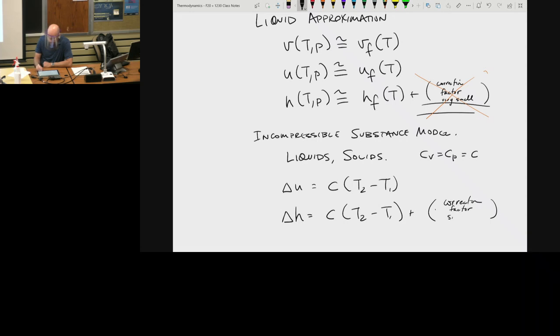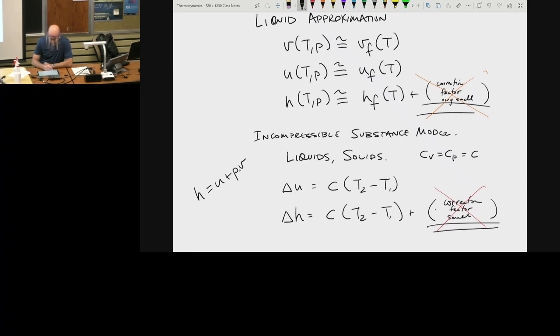But this again is small. And I underlined it on your equation sheet, and right now we just don't have to worry about that. So basically, for our incompressible substance, the change in internal energy is the same as our change in enthalpy. And that should make some sense when we look at the definition that H is equal to U plus PV.